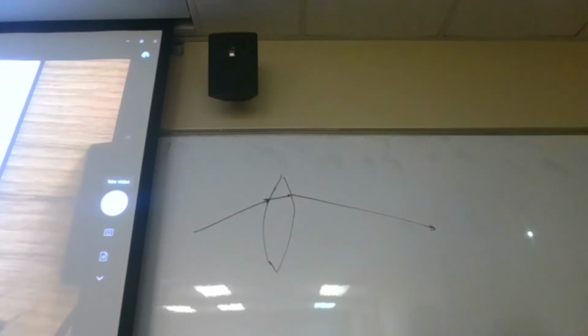And one of the things that we care about when working with thin lenses is their shape and what we call the focal length.